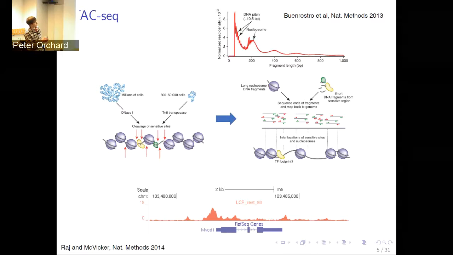Then you sometimes see this mononucleosome peak, and so that represents cases where you get one cut on either side of a nucleosome. So that's like this non-nucleosome DNA fragment example here. So you get enough DNA to wrap around a nucleosome plus a little bit of flanking stuff. That's the fragments in this second bump, and then so on for the third and fourth bump. Those just represent additional nucleosomes being added.